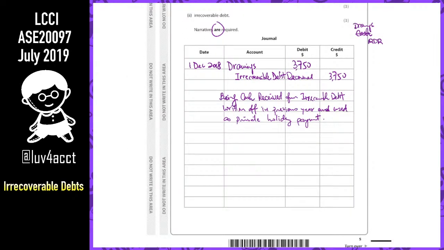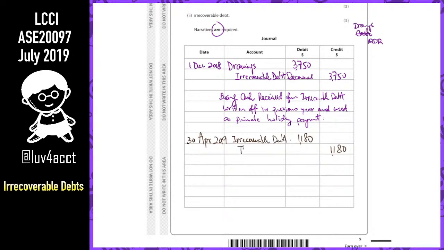Okay, next one, you have the irrecoverable debt written off at the end of the year. So 30th April, year 2019. Okay, 1180 is the amount of irrecoverable debt written off. So it would be, first of all, irrecoverable debt.